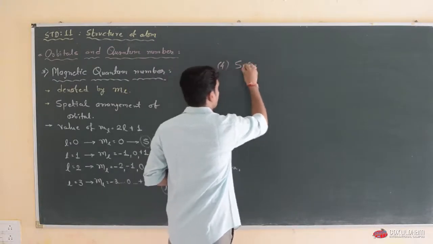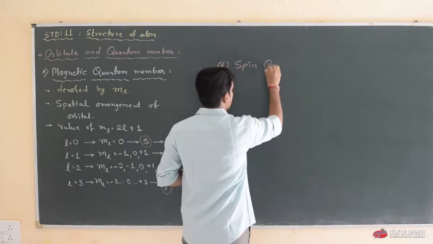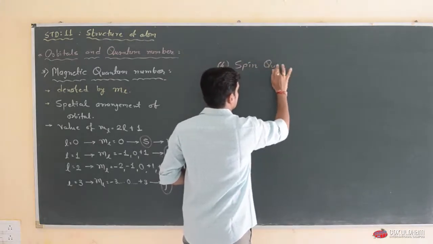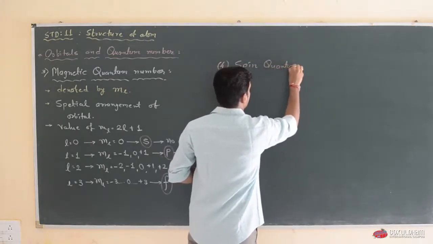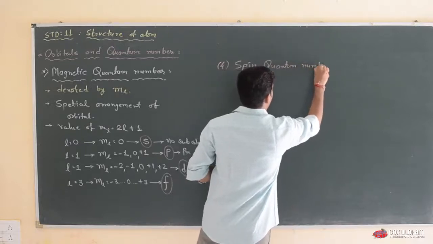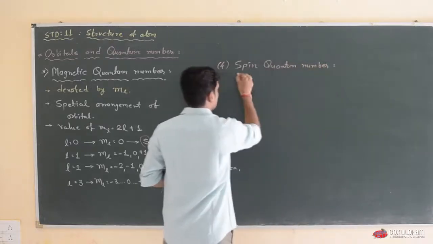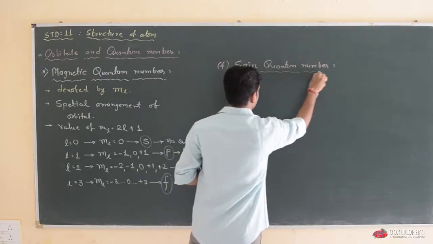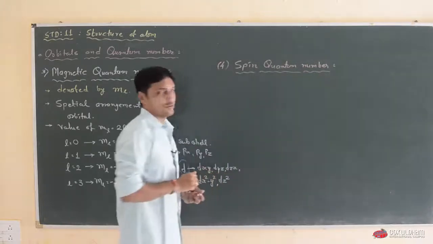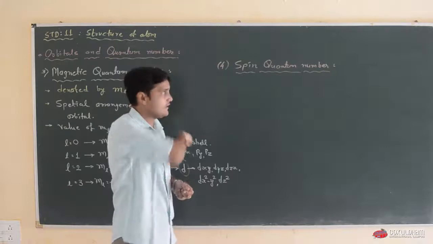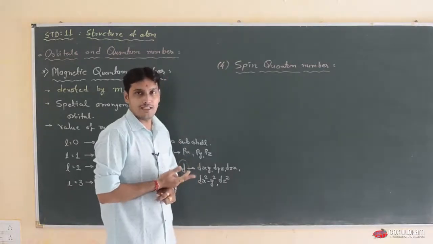This fourth quantum number is known as spin quantum number. This fourth quantum number is proposed by two scientists.